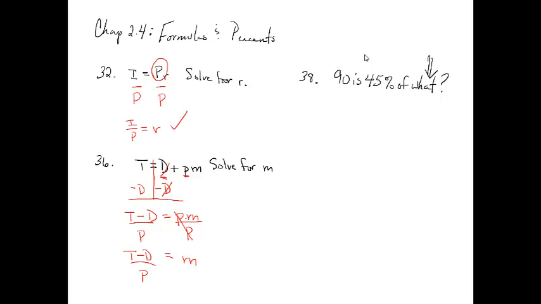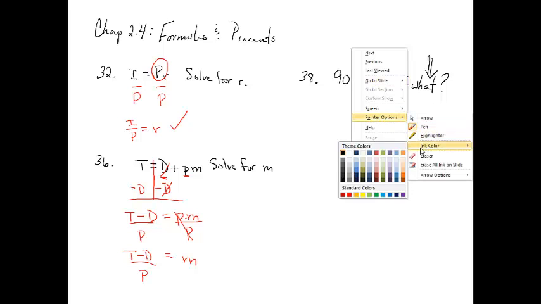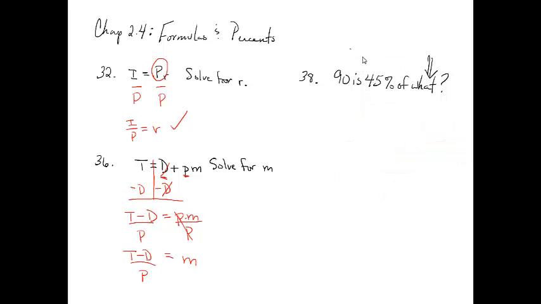So let's see if we can remember some key English words, and what do they translate to in math language? So is, what does is mean in mathematics? Yep, it means equals. What does of mean in mathematics? It's multiply. And what is what in math terms? It's a variable.